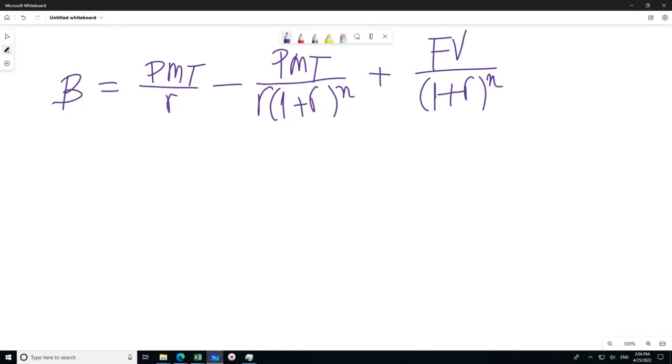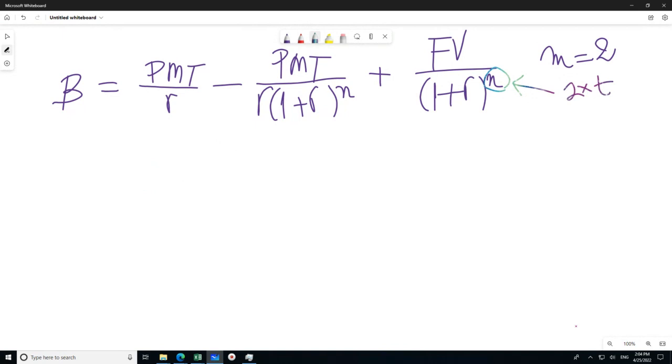And what you should also remember, a bond is on a semi-annual cycle. That means M is 2. That means this N is 2 times T. If the time to maturity is 10 years, N will have to be 20.